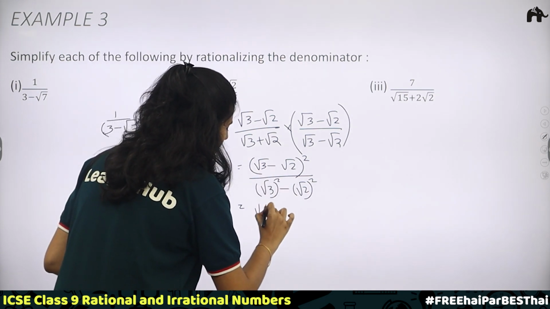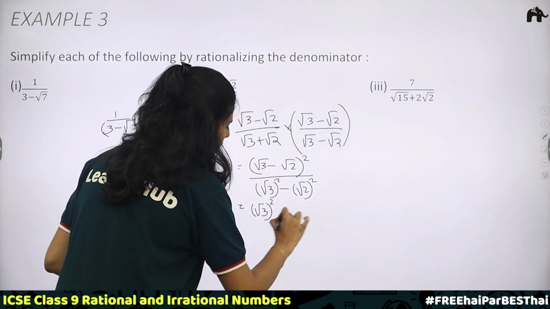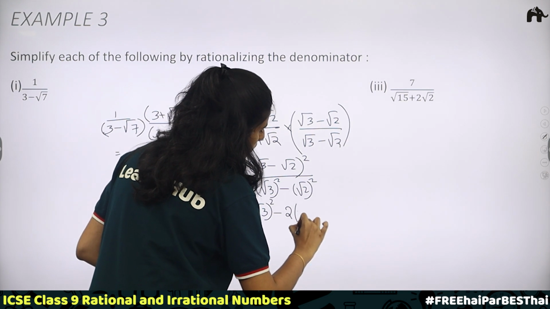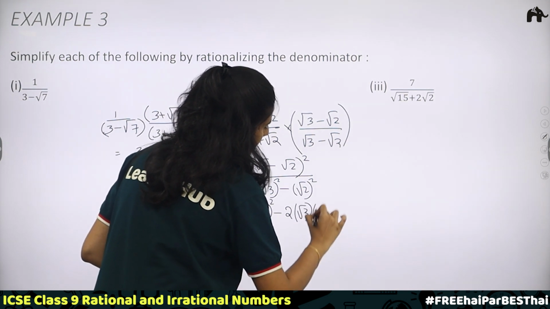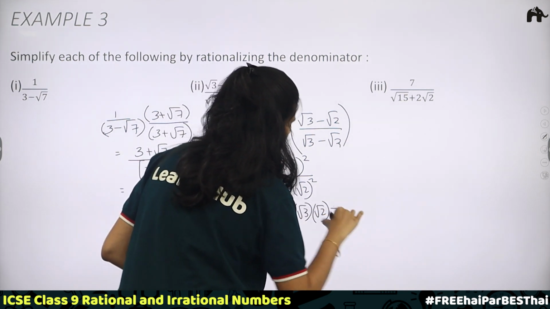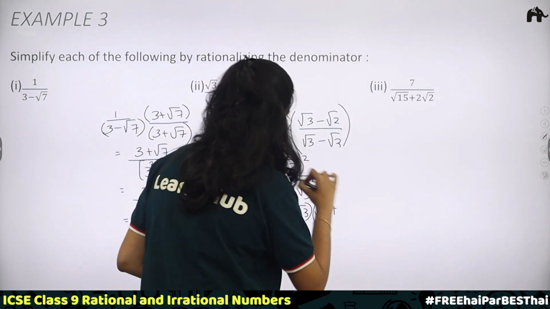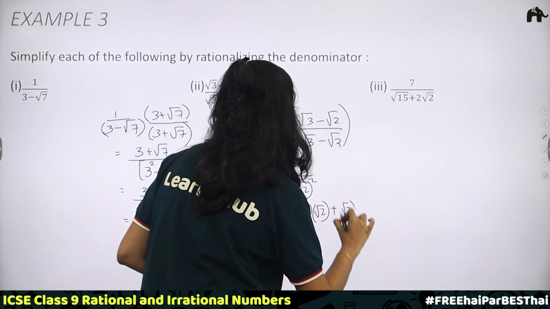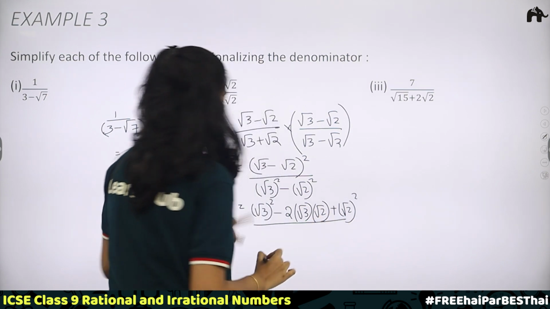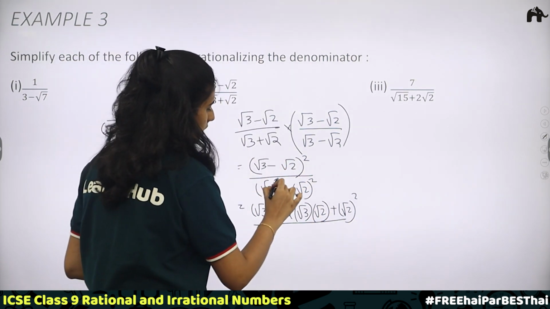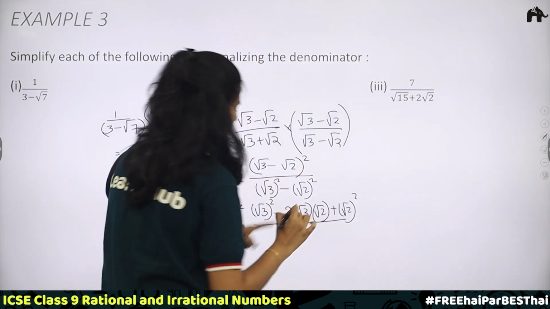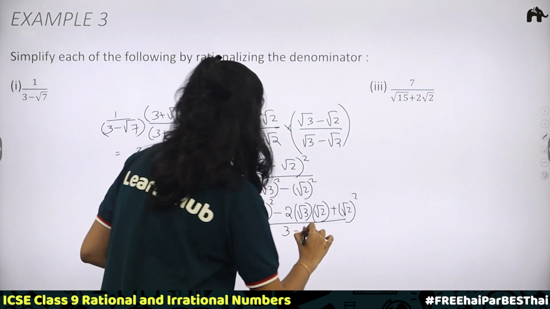Here A square will be root 3 square minus 2, A is root 3, B is root 2, plus B square, which is root 2 whole square, divided by A square minus B square. Root 3 whole square is 3 minus root 2 whole square is 2.